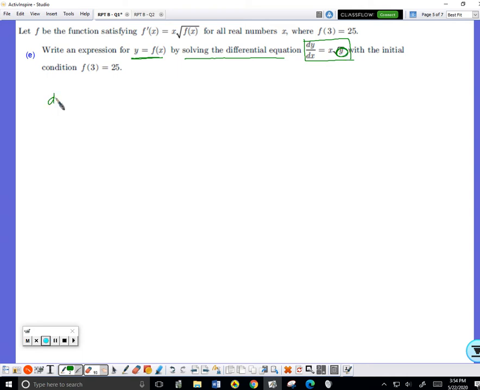So I have dy over dx equals x times root y. First step is always the same. Multiply both sides by dx. Now we move the root y. If I get this far, they'll give me 1 point.